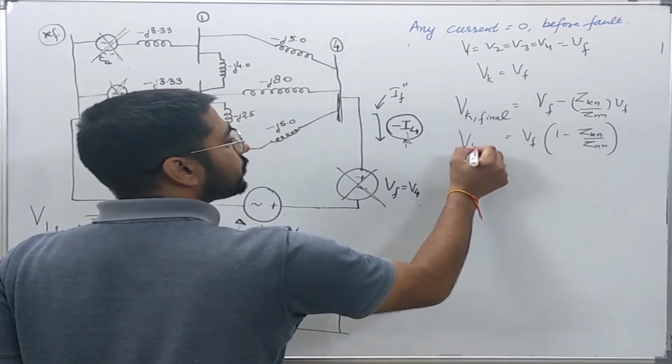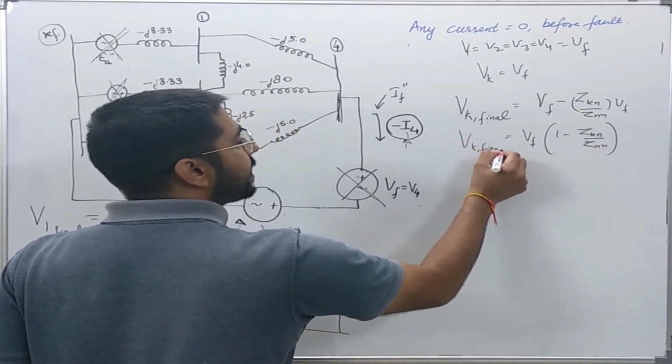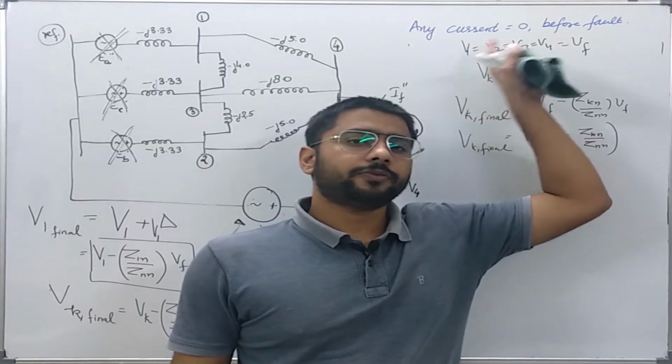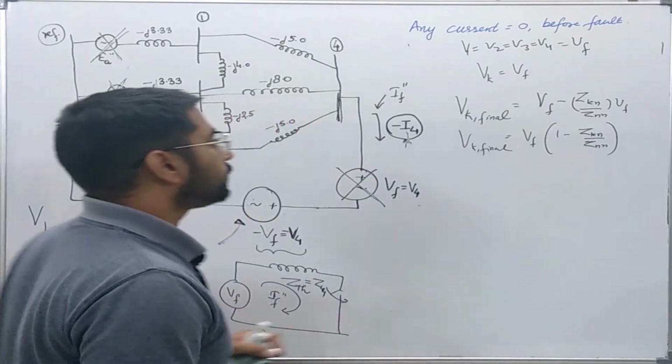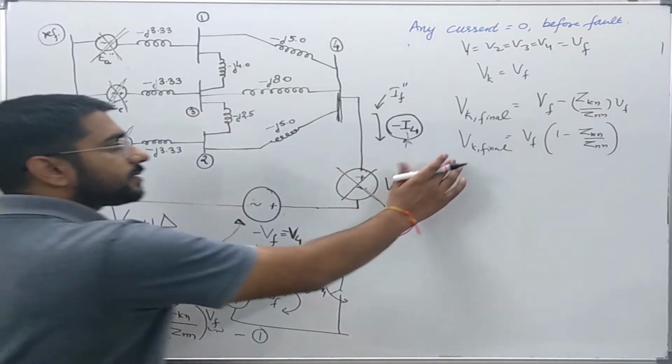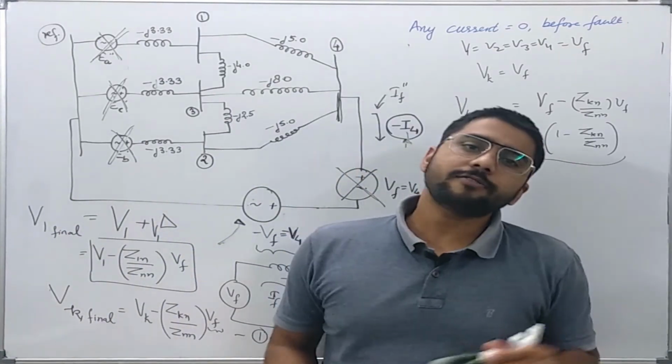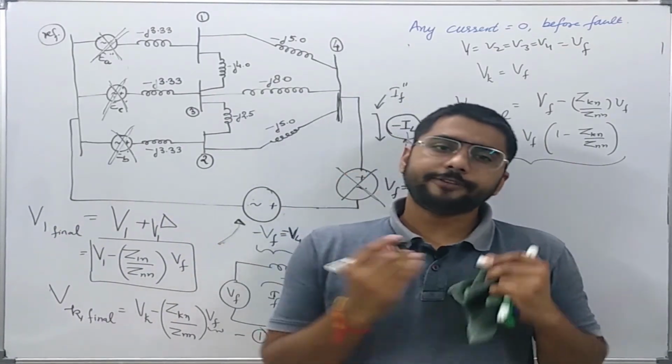So in this way, this is the final equation for a system when there is no current before the fault in the system. So using this equation, I can find the final values of bus voltages at various buses.